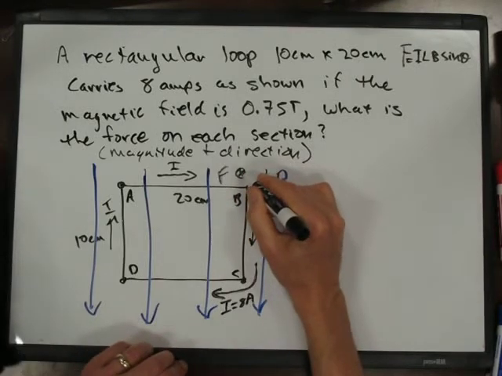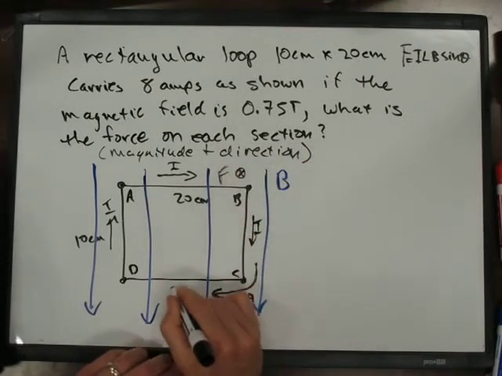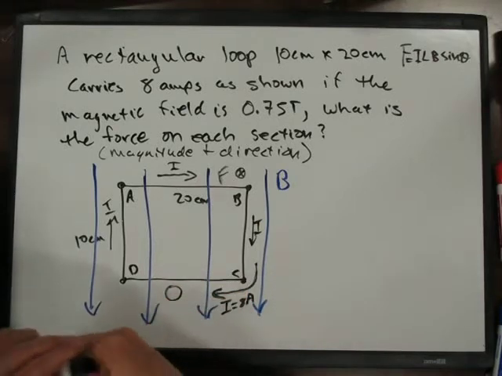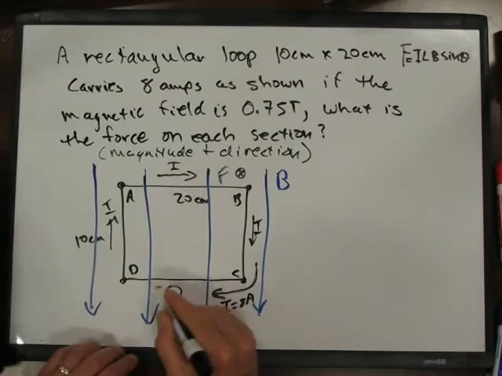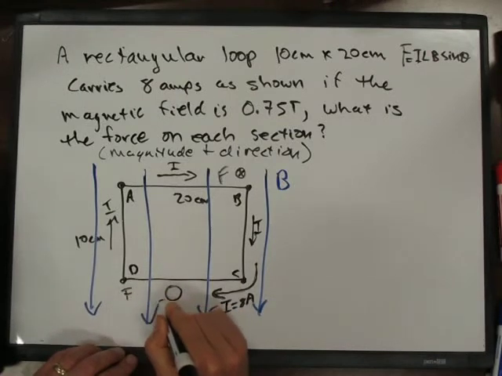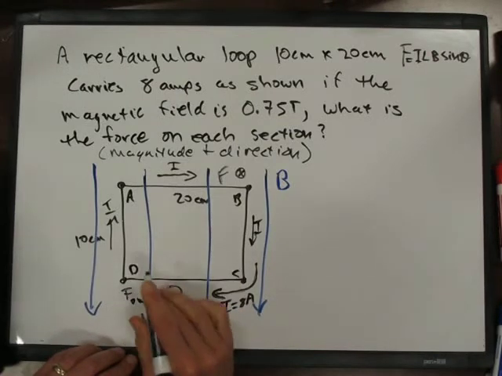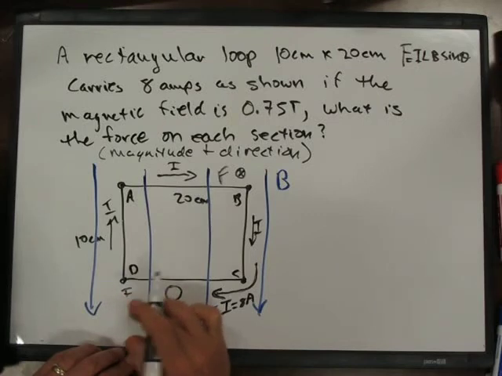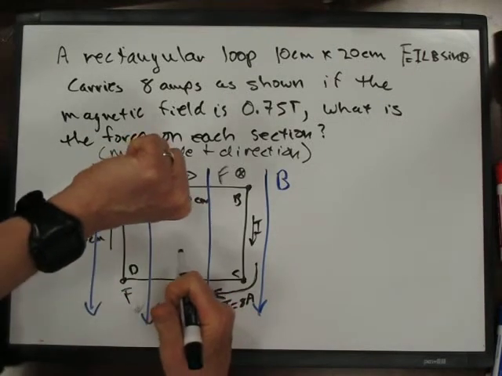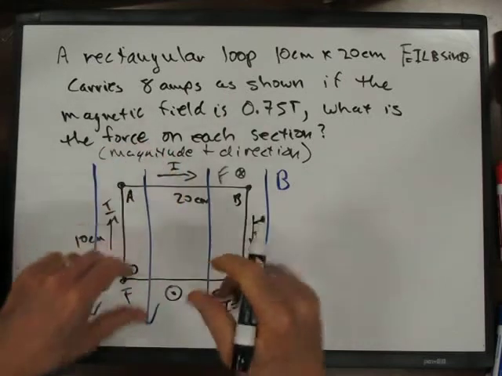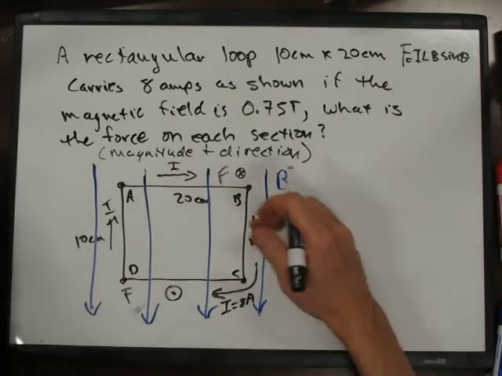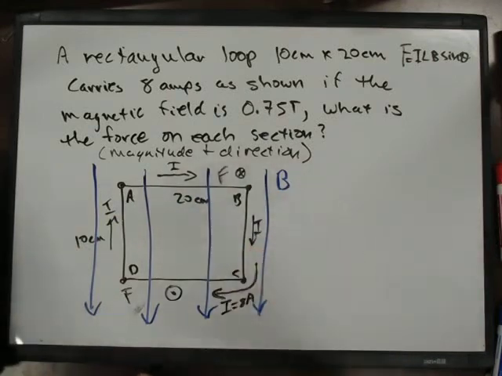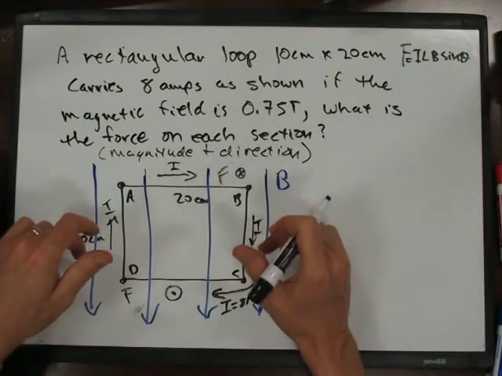Right, that's a little arrow pointing in, and then the force on the bottom side is directed outward. And so there's an inward force and an outward force on this, which is trying to twist this rectangle. This is the principle behind electric motors.